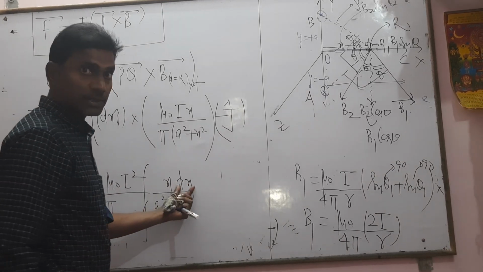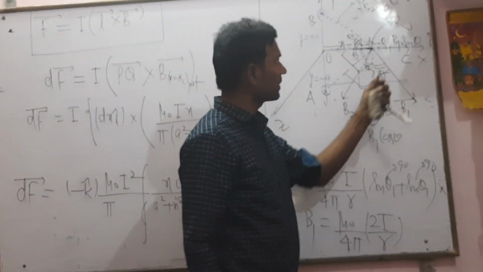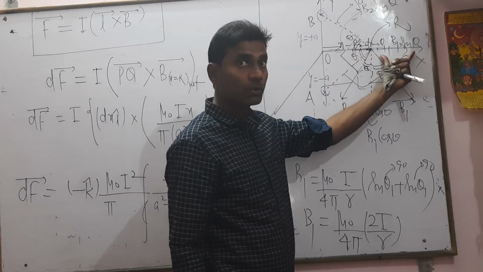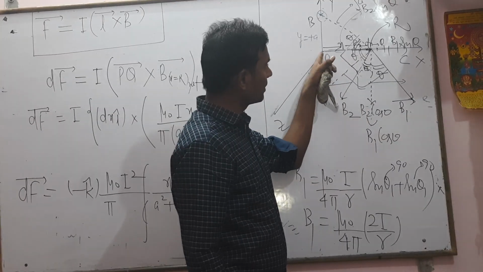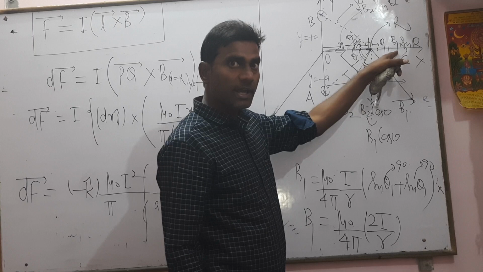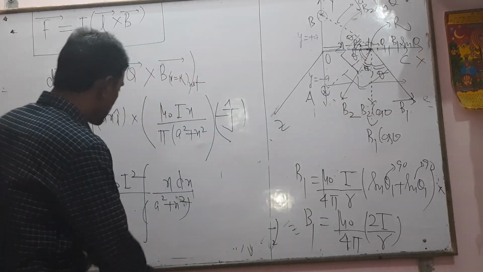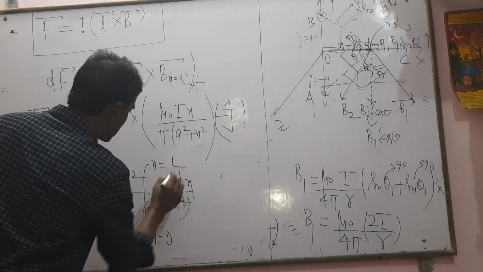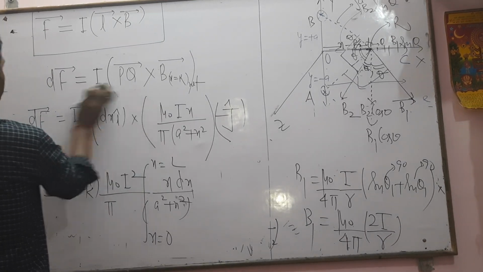So x into dx. dx is in this direction, which is the plus direction, and the value starts from x equal to 0 up to x equal to L, because the total length of OC equals capital L. Now we are trying to integrate both sides.